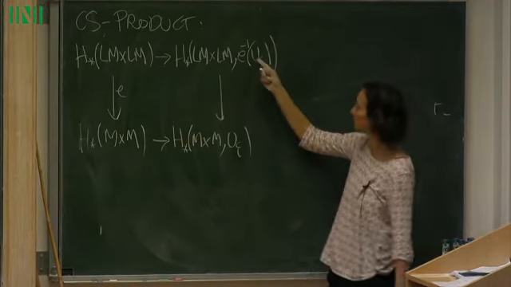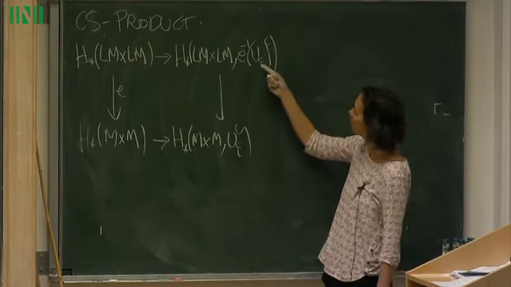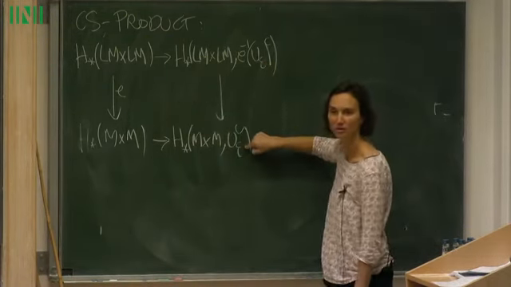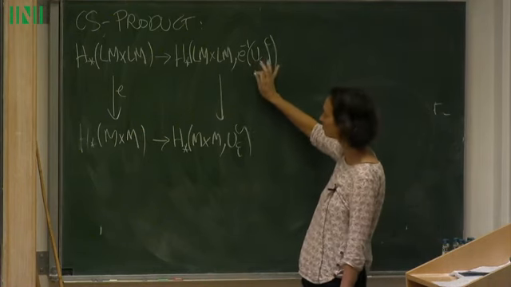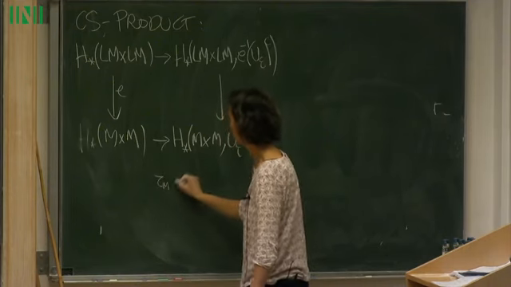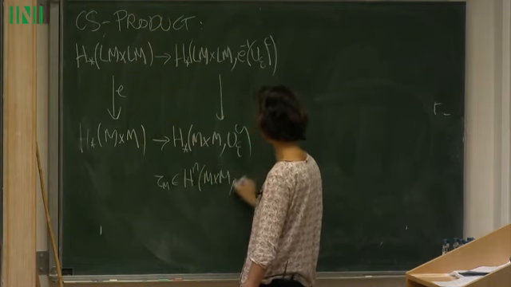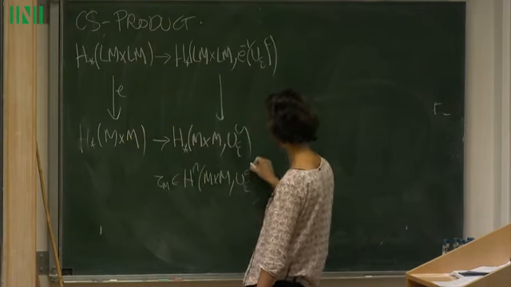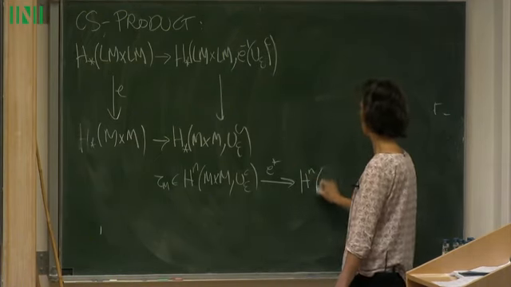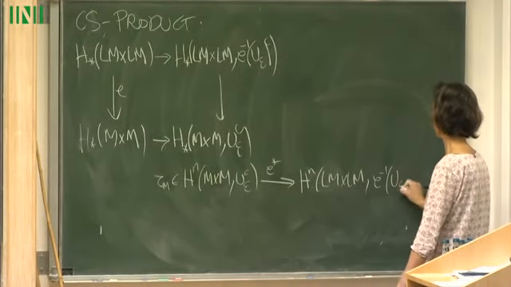Now, this map takes the inverse image of the complement of this neighborhood to the complement. It's compatible with everything. So if I take my Thom class, which lived in Hn of M cross M relative to U epsilon complement, well, E star will take it to Hn of Lm cross Lm relative to E inverse of U epsilon complement.